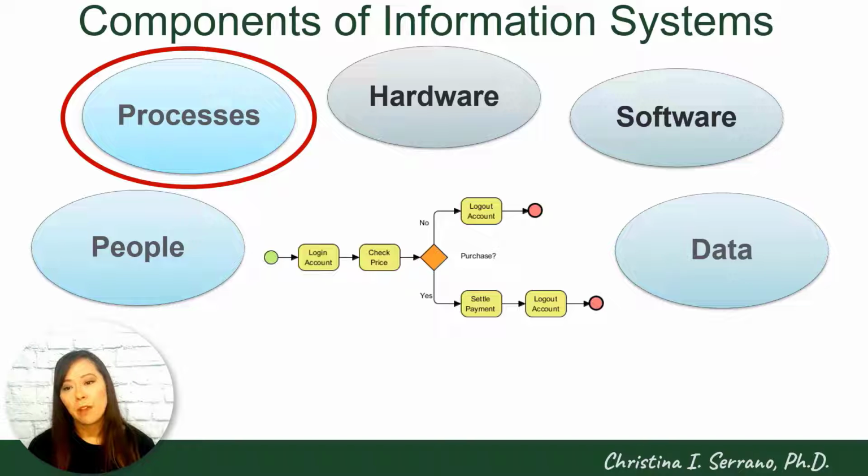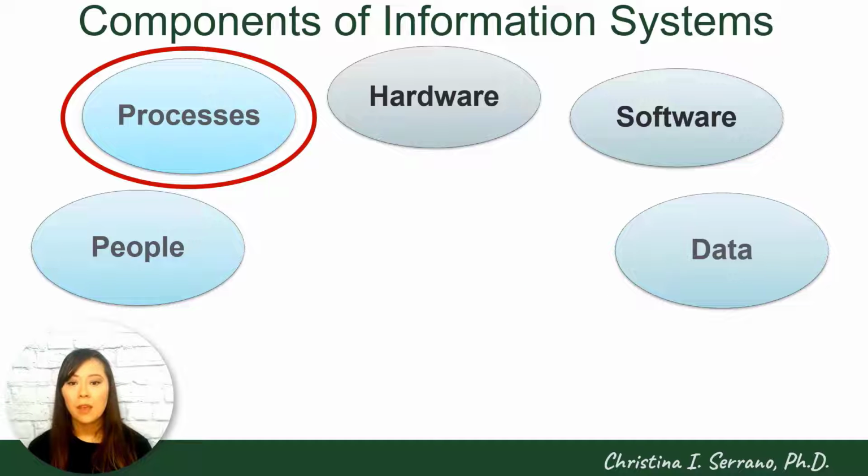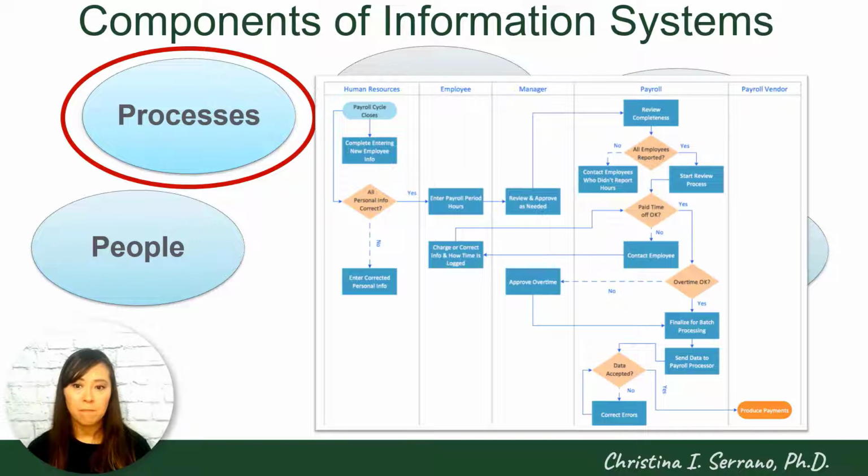And the steps might look different depending on what you're purchasing or whether you're shopping online or in person. And in a business context, processes can be pretty complex, involving many different units or functional areas and many different stakeholders in the organization.